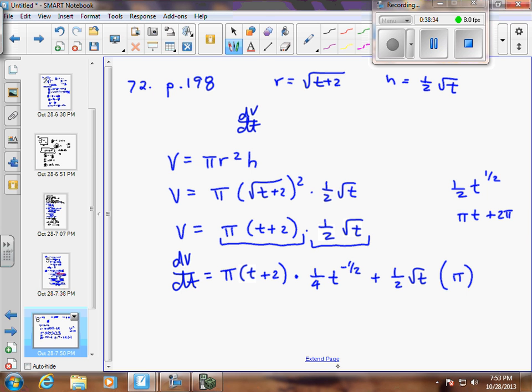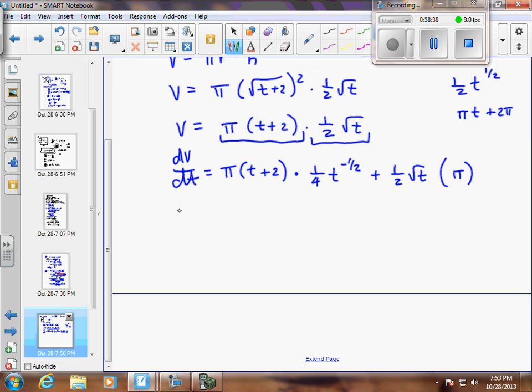Okay, so then we can simplify this. This t to the negative 1/2 goes in the denominator along with the 4. And in the numerator I have pi times t plus 2.